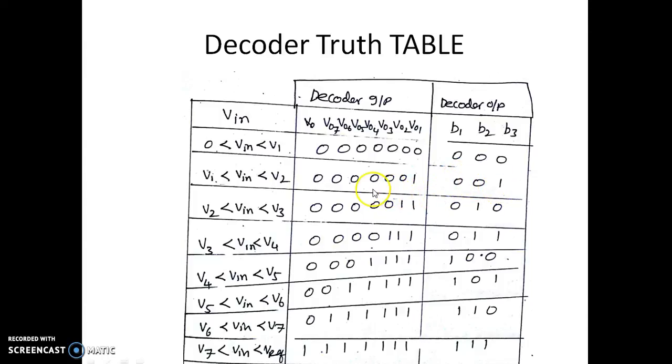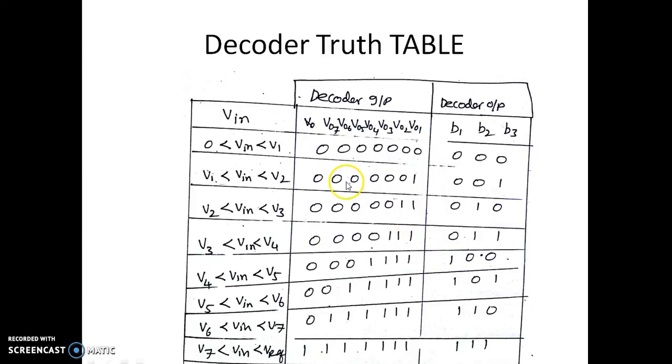Likewise, if the input voltage is between V4 and V5, the bottom 4 comparator outputs will be high and the other 3 comparator outputs are low. So this should result in an output of 100.